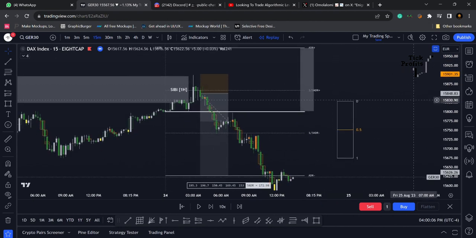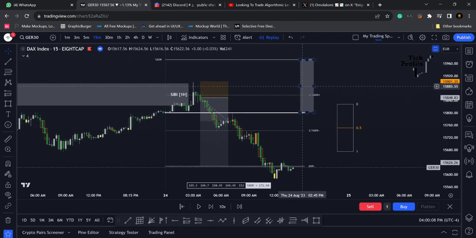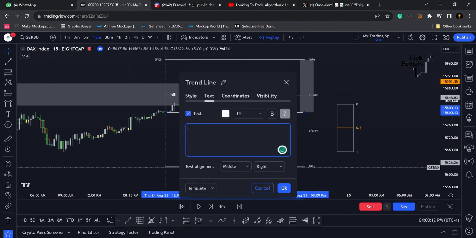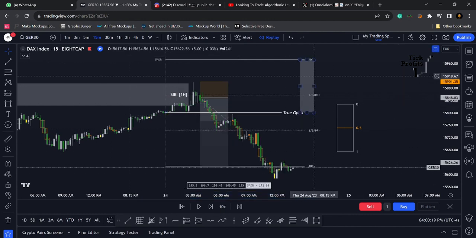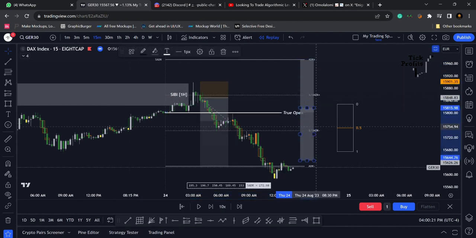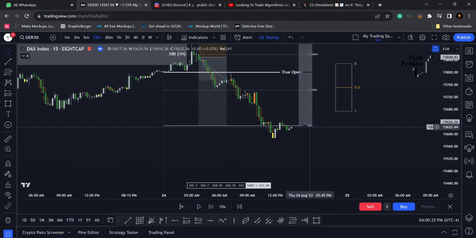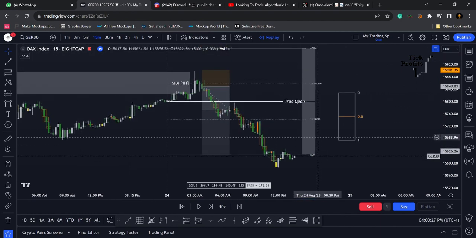So if we take this box, mark it from the true open, and just move the box down from the true open, you can see that it's the same height from the true open.